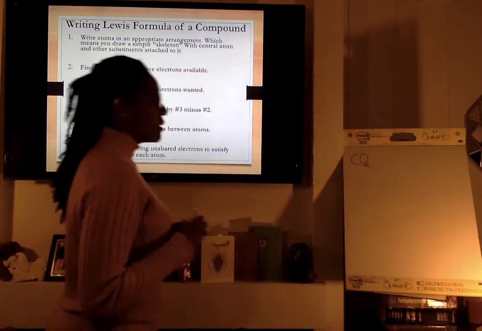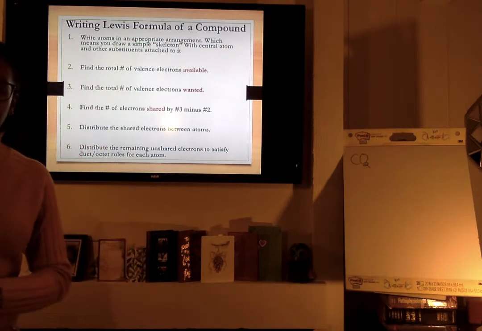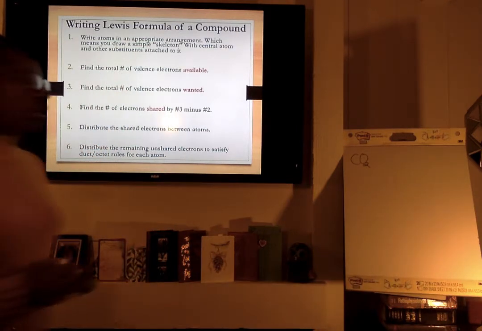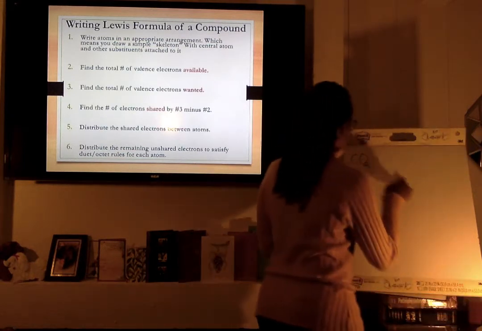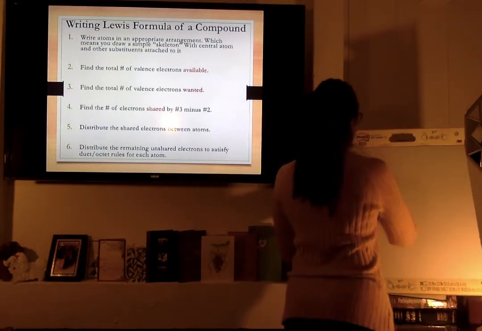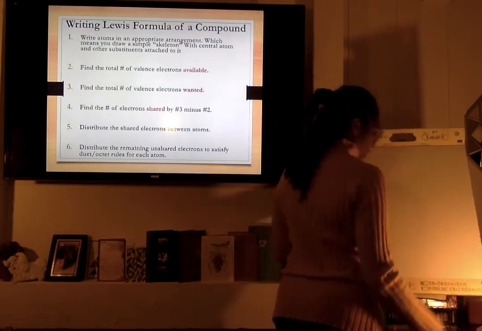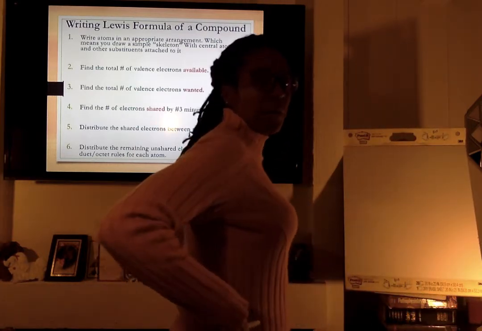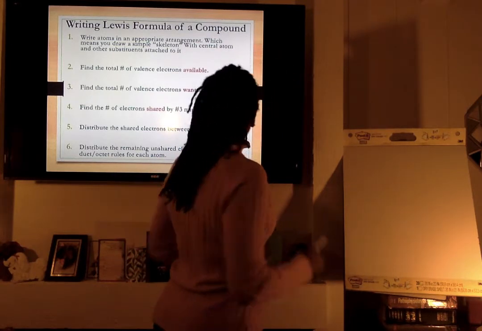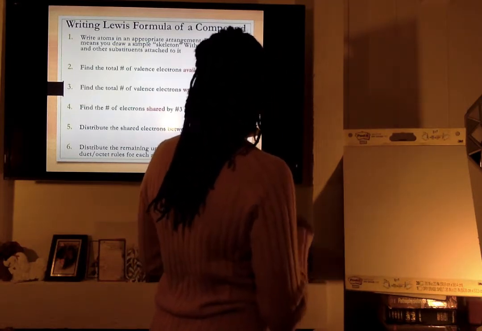And the atom that is the most electronegative is also going to be the center atom. Or the least electronegative. Okay. But we'll go more into that when we go over the tips and tricks.